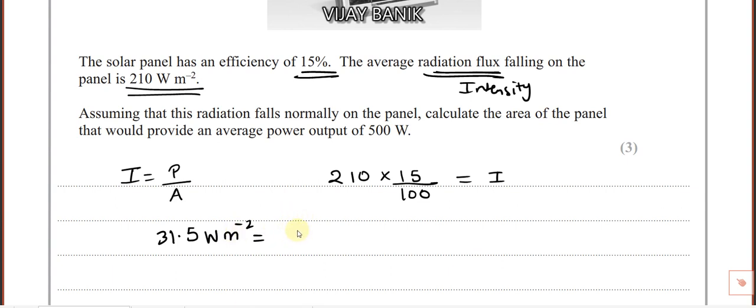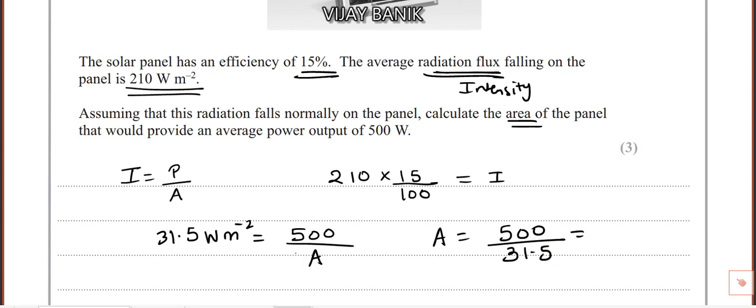Intensity we got, power is 500 watt, and we just need to calculate the area. So area is 500 divided by 31.5. How much is that?